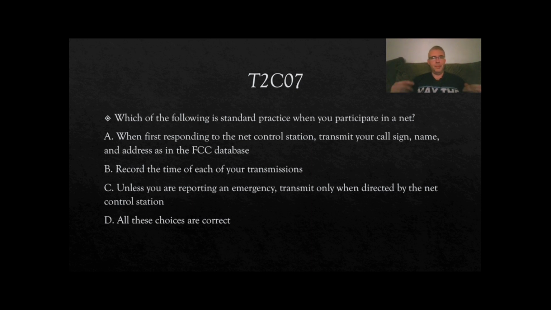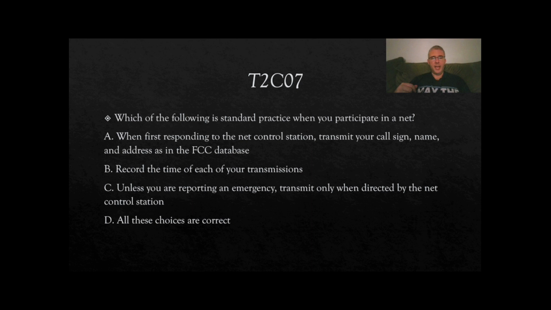If they need to look it up, they can look it up. Whatever's in the FCC database goes, okay? So you can have a P.O. box or your actual address in there. If you have a P.O. box, that's what they're going to see. So no, you do not need to just go and broadcast your address to anybody. It is easily looked up in the FCC database.